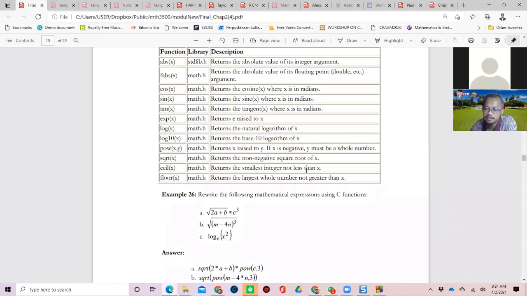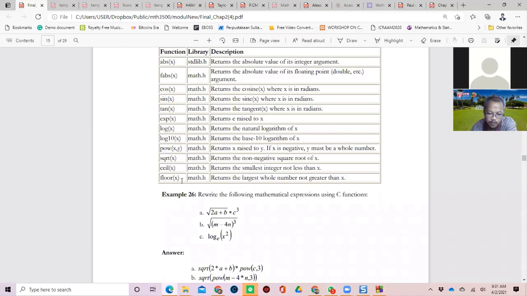So the smallest integer not less than 2.3 is 3. We don't take 4 because there is something smaller than 4, which is 3. Do you understand? Okay.